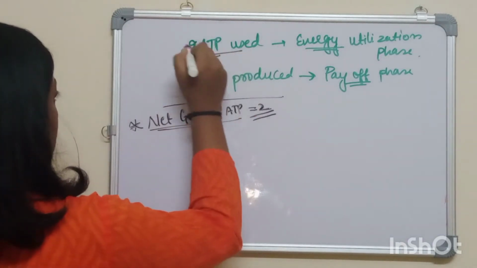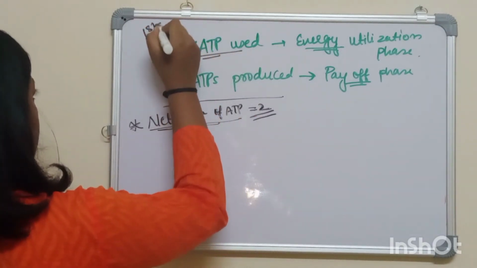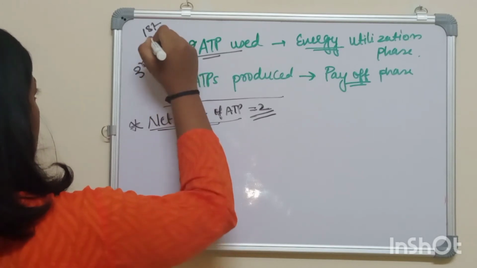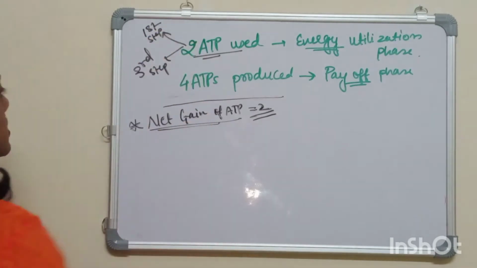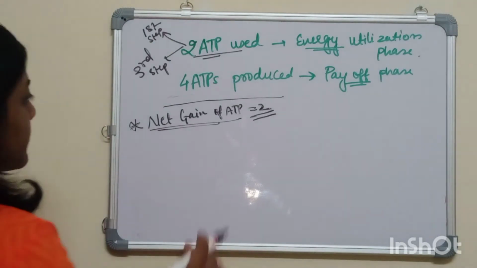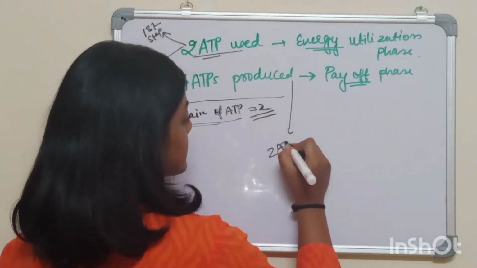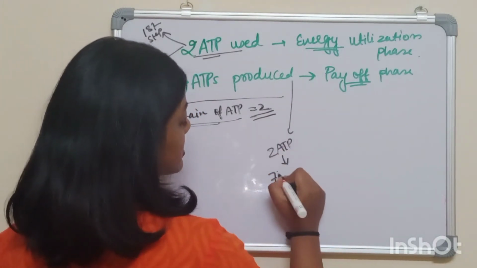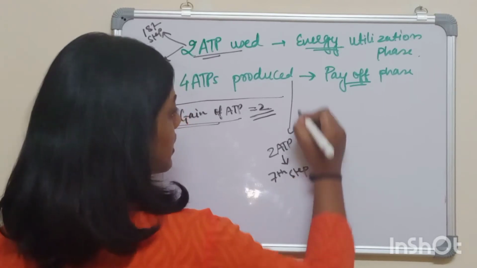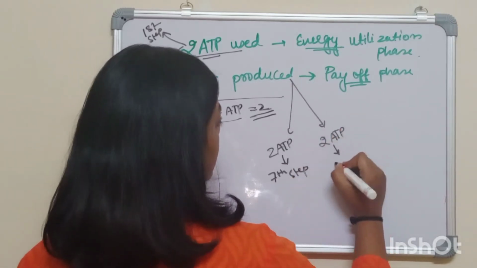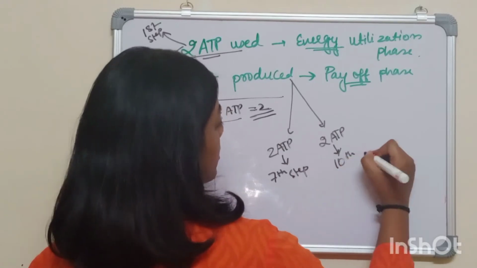These 2 ATPs are used in the first step and the third step. Then 4 ATPs are produced: 2 ATP in the 7th step and 2 ATP in the 10th step.